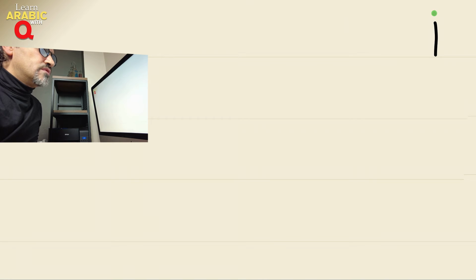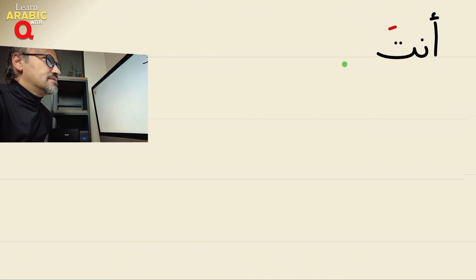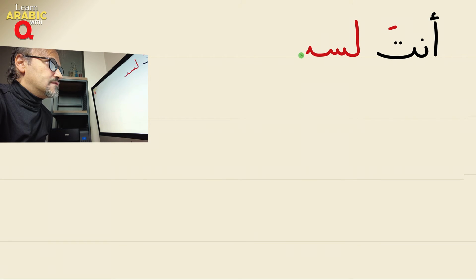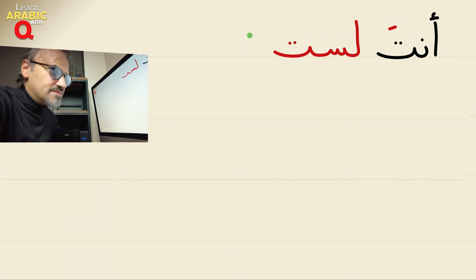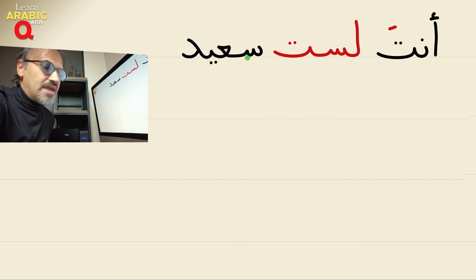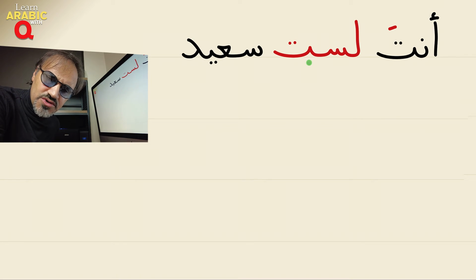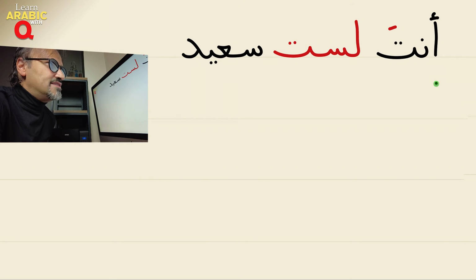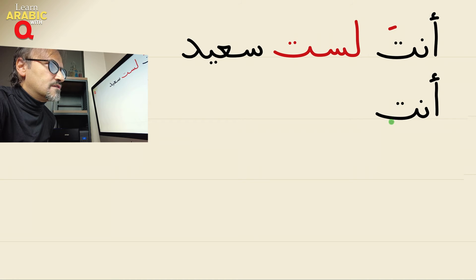Okay, so let's write it over here. أنت, you, remember this, أنت. أنت لست سعيد. أنت لست سعيد. If we're talking to a girl, it becomes أنتِ لستِ.